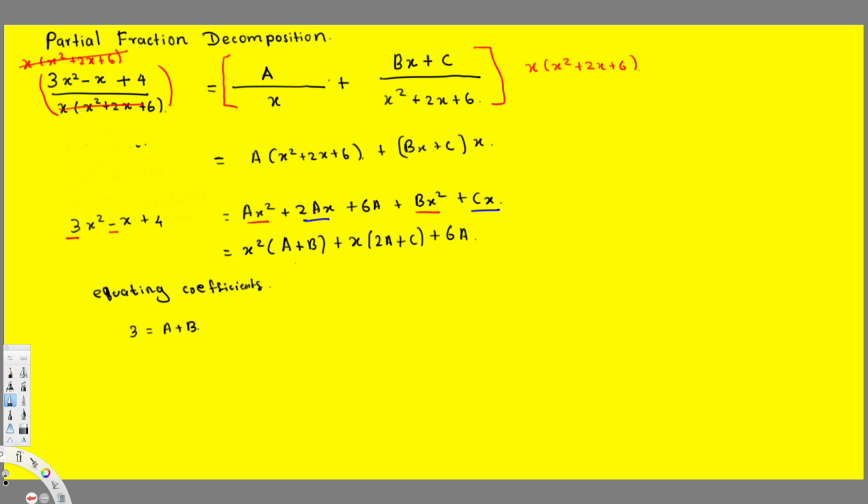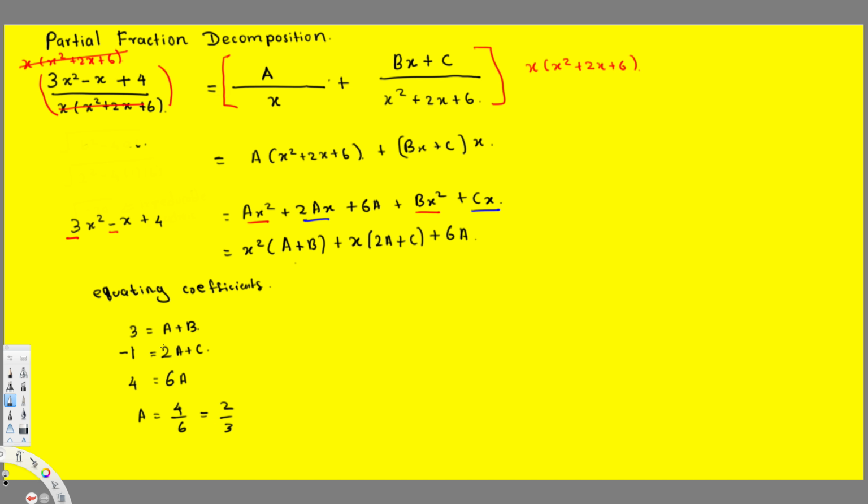The next thing we have is minus 1, so minus 1 is equal to 2a plus c. And for the third one, 4 is equal to 6a. The third one is making everything easier, because we can directly find a from it. So a is equal to 4 over 6, which is equal to 2 by 3.